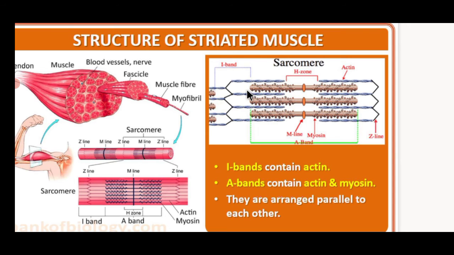The bluish bands are actin, and the darker, brownish, thick bands are myosin, and they are arranged parallel to each other. This space here is the H zone, and in the H zone there is an M line. And look at these light bands which contain actin, they have a zigzag Z line here.